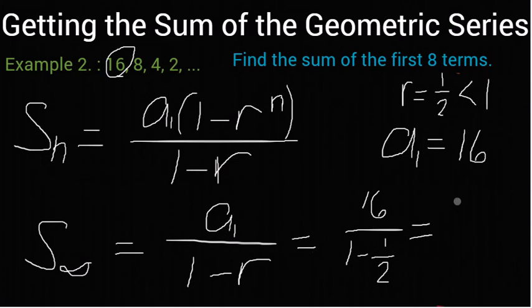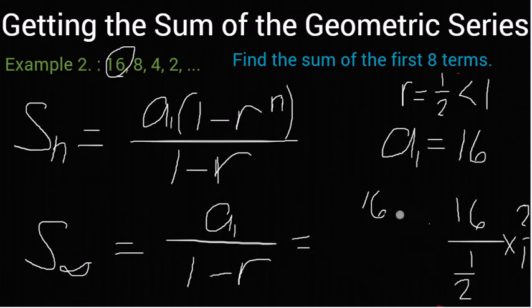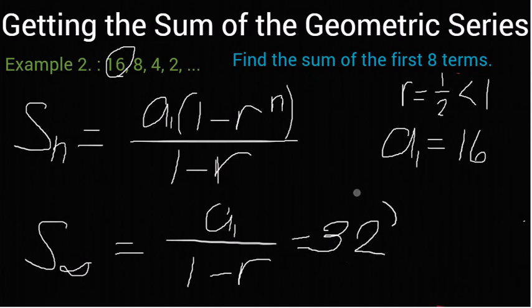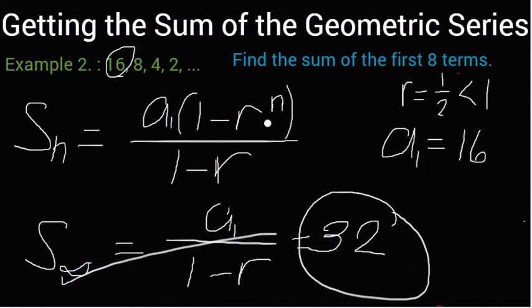So 1 minus 1/2 is 1/2. 16 divided by 1/2 is multiplied by the reciprocal, 2 over 1. 16 times 2 is 32. Therefore, this is equal to 32, which means the sum exists.